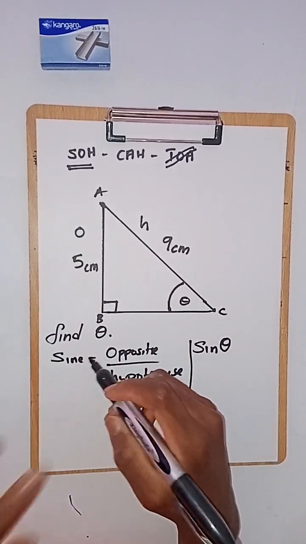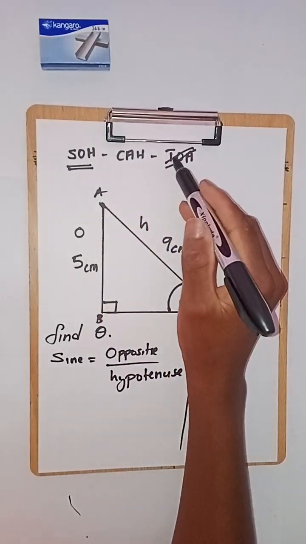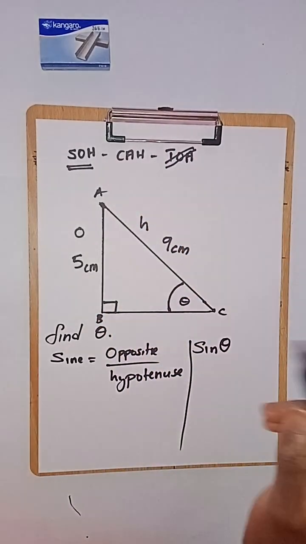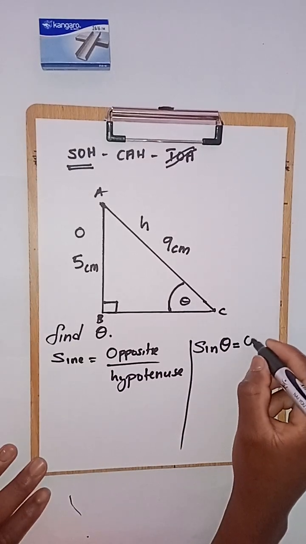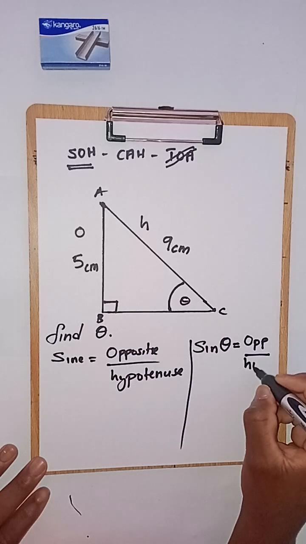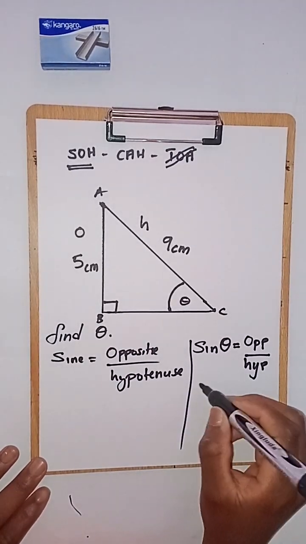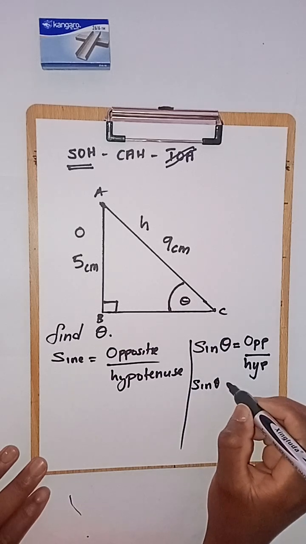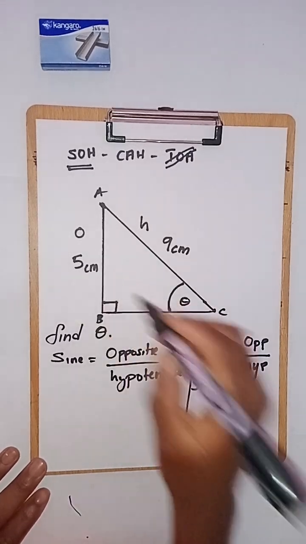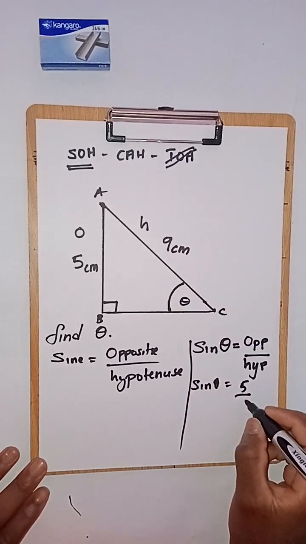So now, when solving, you're going to say sine theta. Just after the sine, put theta there. If you're talking about cosine, just say cos theta. Here it will be tan theta, just like that. Sine theta is equal to opposite over hypotenuse. Now ask yourself, what is our opposite? We have 5 there. What of the hypotenuse? We have 9.